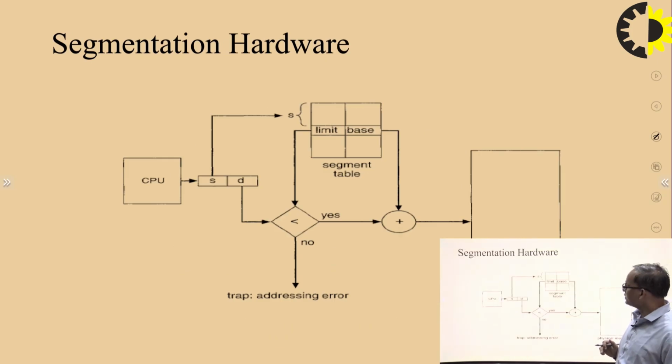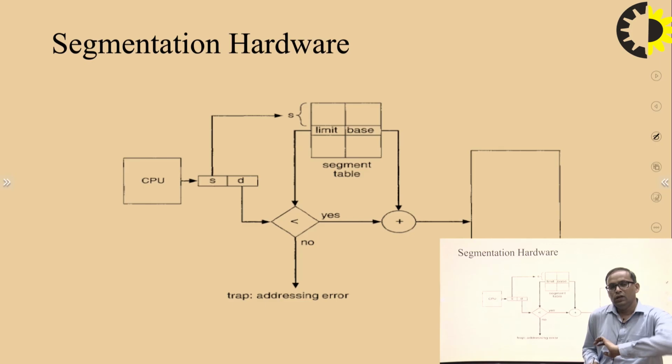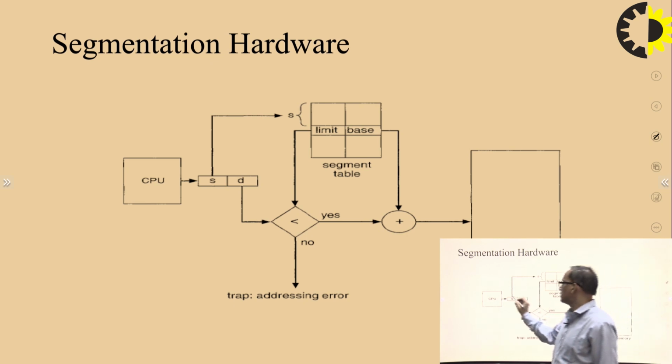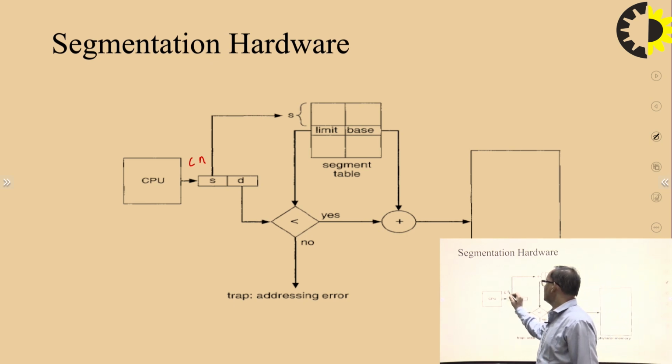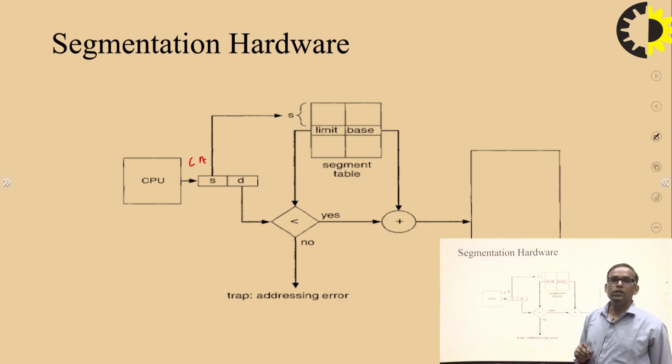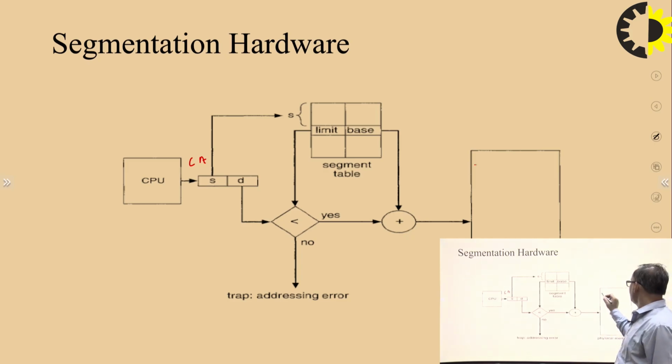Next is the segmentation hardware. What is the segmentation hardware? Whenever the CPU wants to access data from main memory in order to execute an instruction, the CPU generates a logical address. So at first, in segmentation hardware, a logical address is generated by the CPU, but actually the instruction is stored at a physical address.